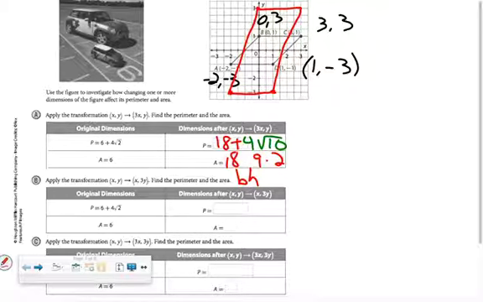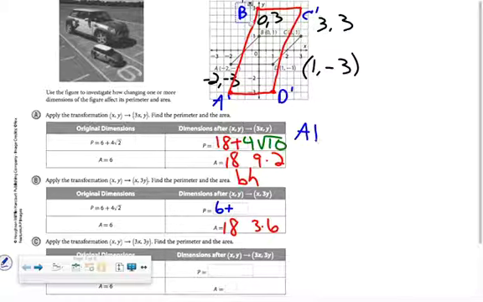So again, let's do area first, because that's easy. It's base times height. The base is 3, and the height is 6. So that's 18 again, which still makes sense. Now for the perimeter, again, the easy part is the horizontal segments. Those are both 3, and since there's 2 of them, that means I've got a 6 plus. And I got lazy and didn't label these points, sorry.